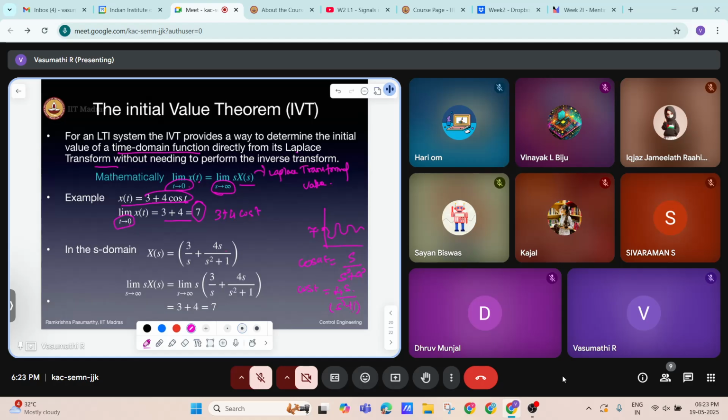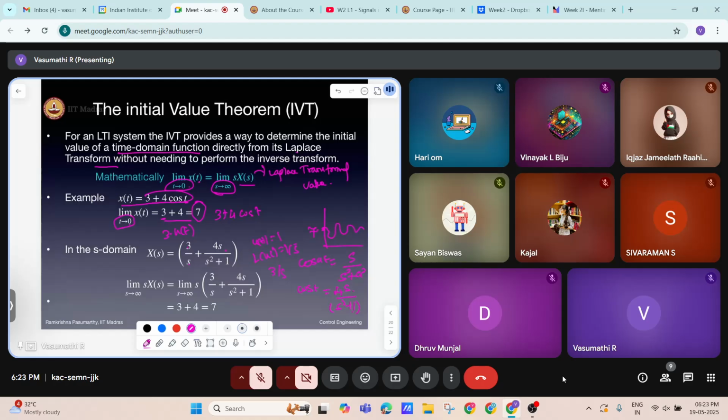That's what I have written here. Since you know the shortcut or the answer beforehand, you would straight away solve this. And you know the unit step u of t is equal to 1, and the Laplace of u of t will be 1 by s. Since it is 3 into u of t, it will be 3 by s. That's why it is 3 by s plus 4s by s square plus 1.